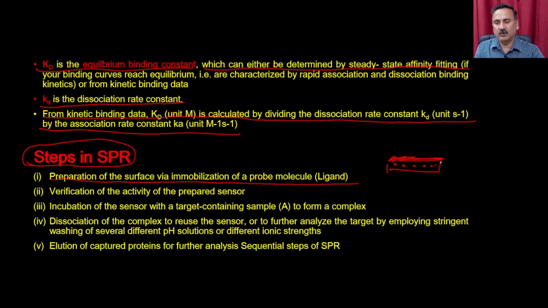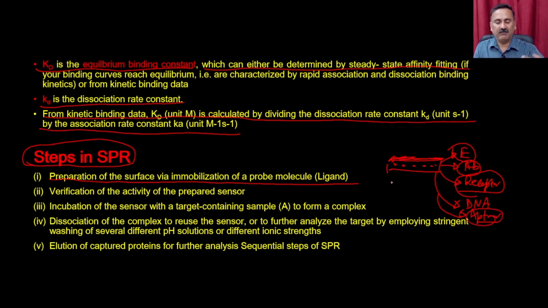You can use the enzyme, the antibody, the receptors, and anything that you can immobilize onto this surface. You can use DNA, for example, or aptamer. Ideally you can use anything that has affinity for a particular ligand.